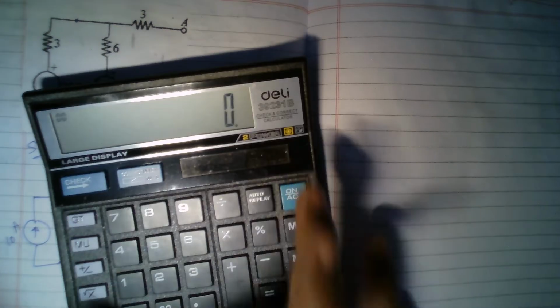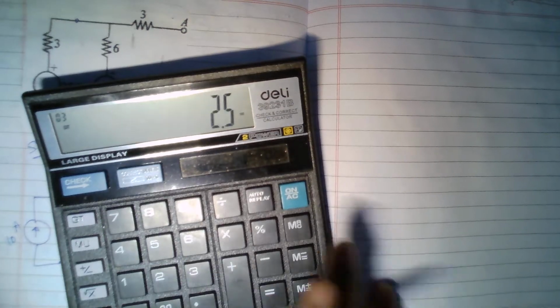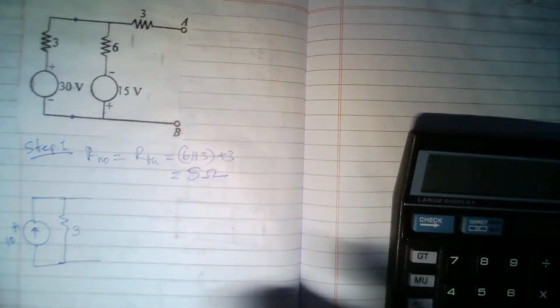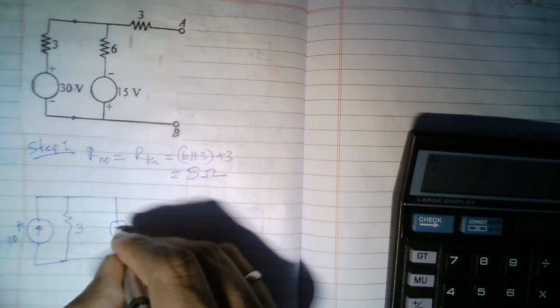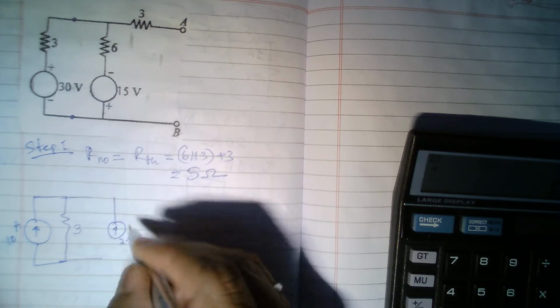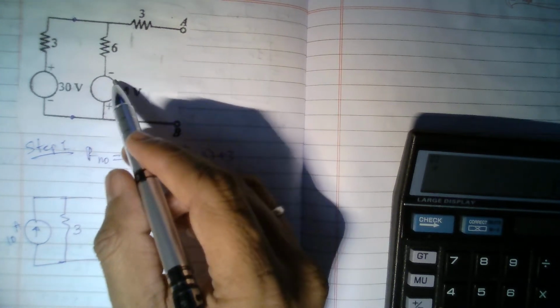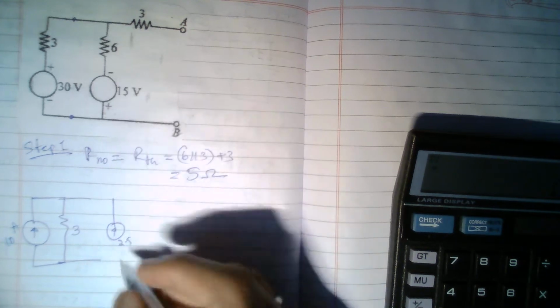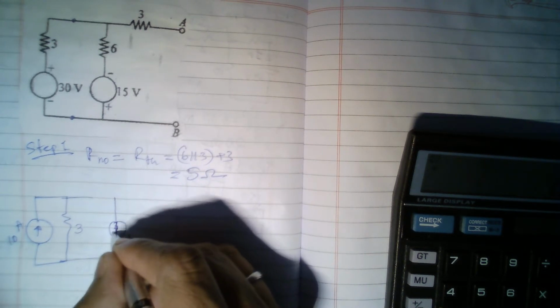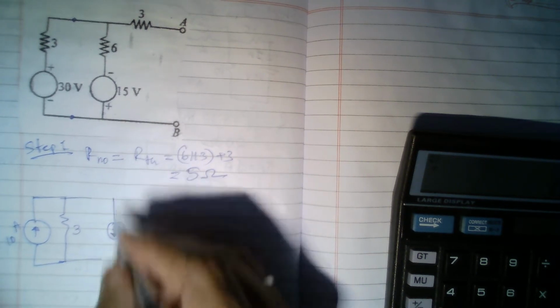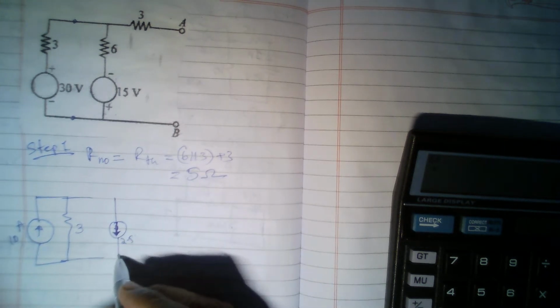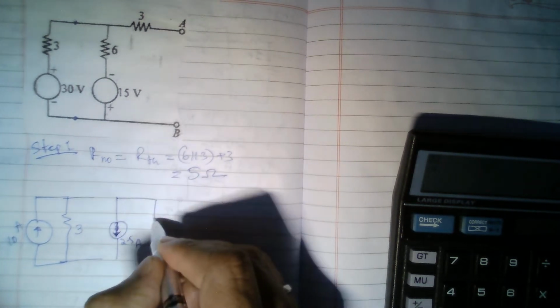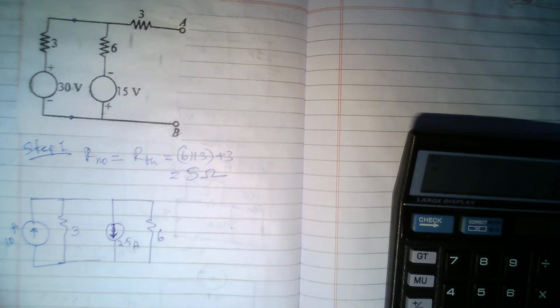So I equals V by R, 15 by 6, which is 2.5 amperes. There will be a current source of 2.5 ampere. Here we should be very careful. Minus plus means the positive terminal is this side, so the arrow should be pointing downwards. The current source goes downwards, 2.5 amperes, and in parallel it has a resistance of 6 ohms.